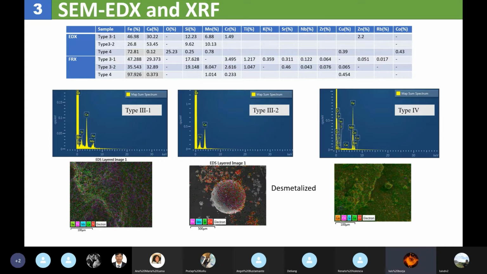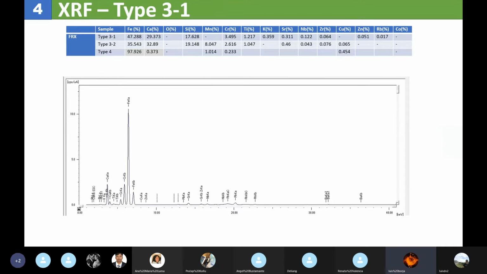Can you show the next one, please? This is the X-ray fluorescence spectrum for the sample type 3.1. You can see a strong peak with high intensity for the iron.